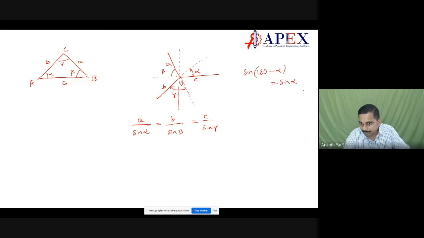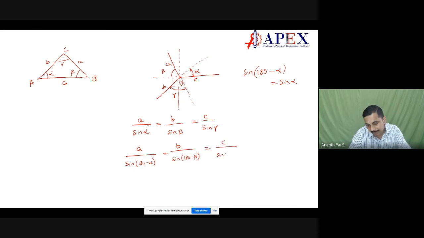Agreed, students? Sine 180 minus alpha is equal to sine alpha, is it not? So let us write this similarly. I can write this as A by sine of 180 minus alpha, B by sine 180 minus beta, and C by sine 180 minus gamma, right? Now observe what is 180 minus gamma.